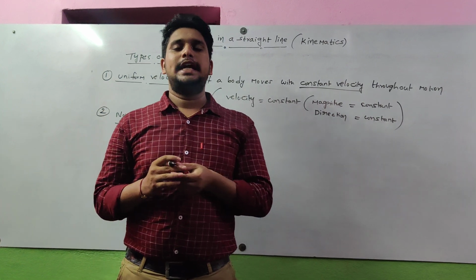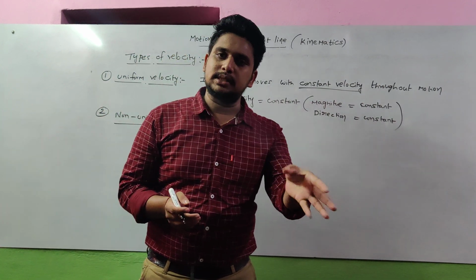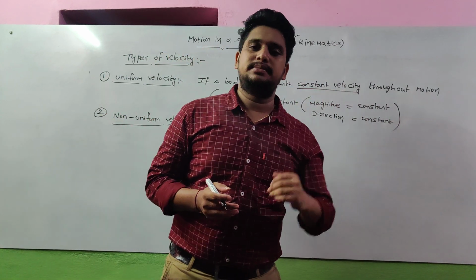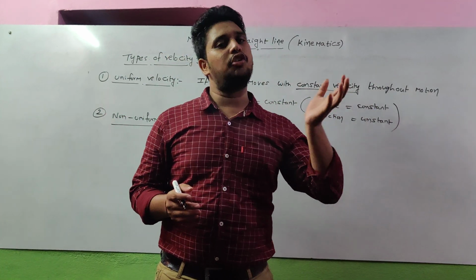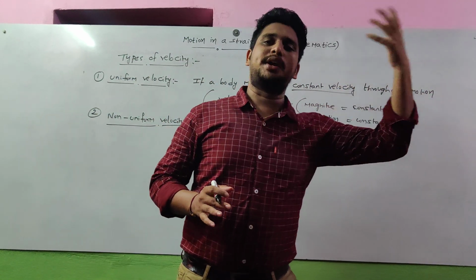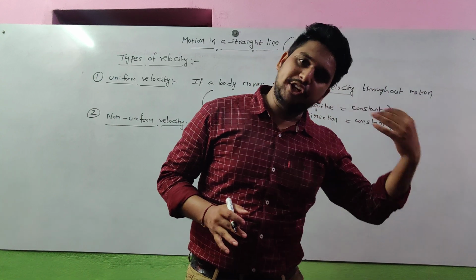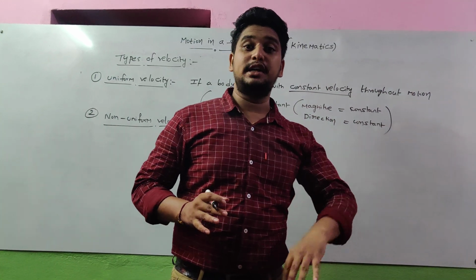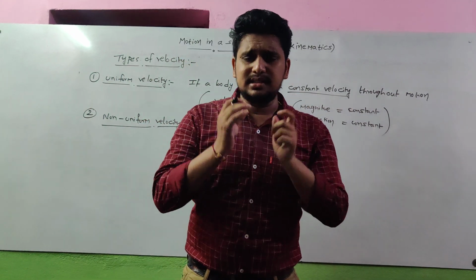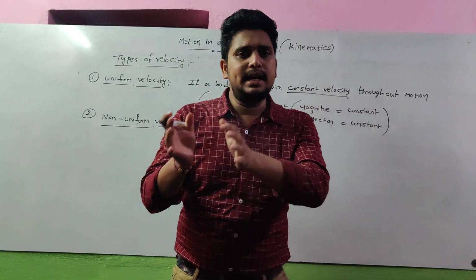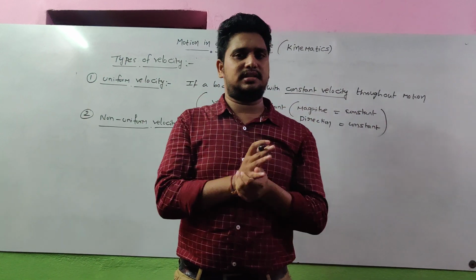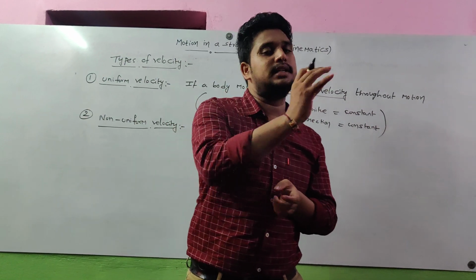In the first 1 hour it moves at 50 kilometers per hour in the north direction. In the next 1 hour it moves at the same 50 kilometers per hour, but in the south direction. In the next 1 hour it moves at 50 kilometers per hour in the east direction. What do we observe from this? The velocity magnitude is constant here, but the direction changes.